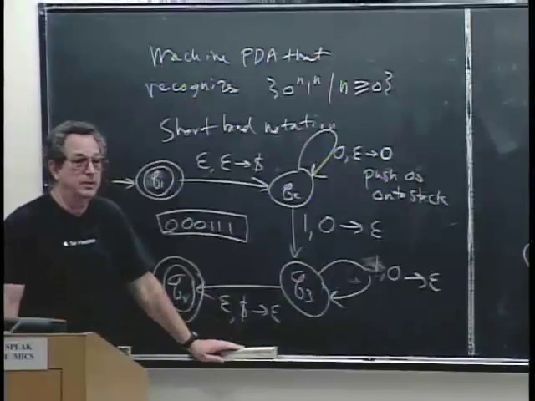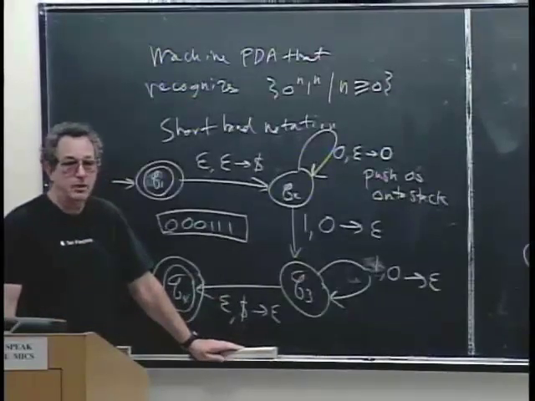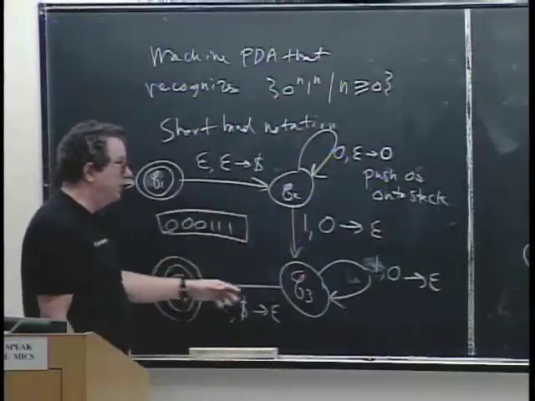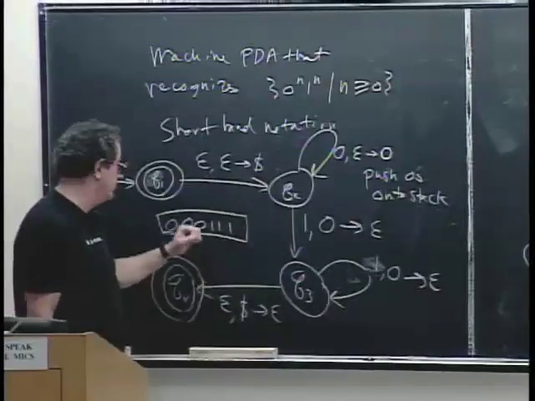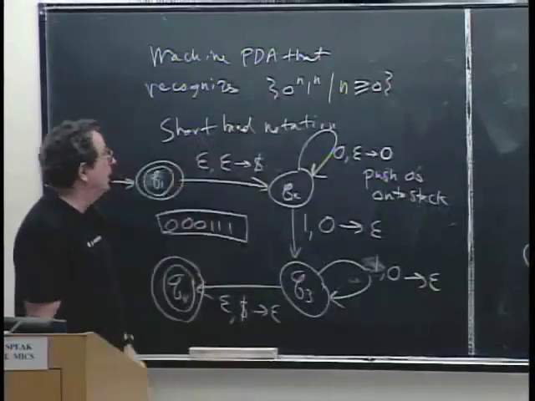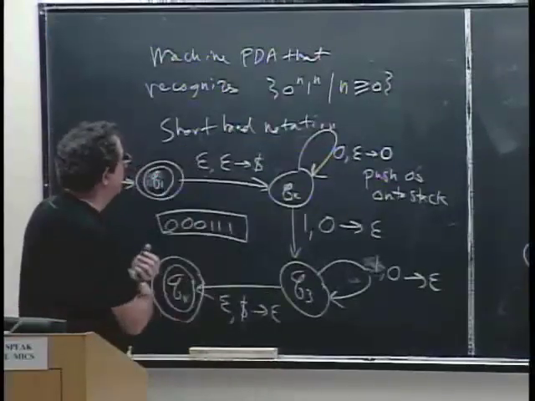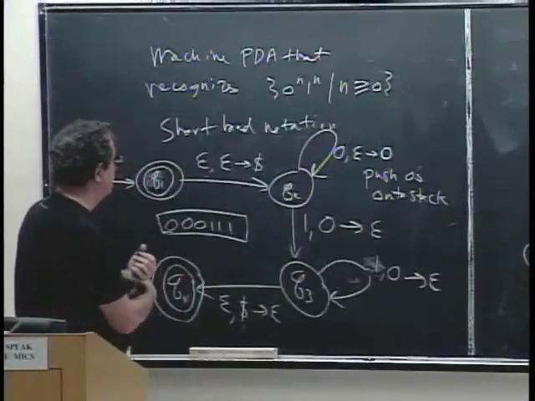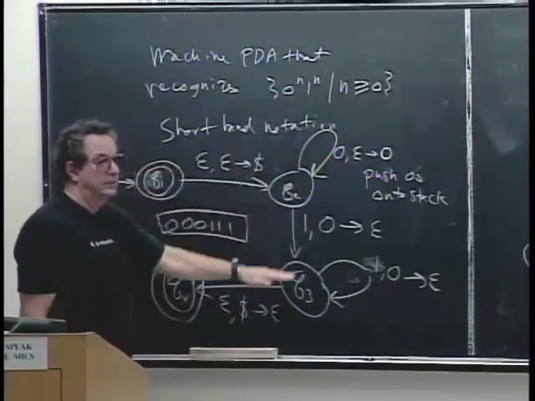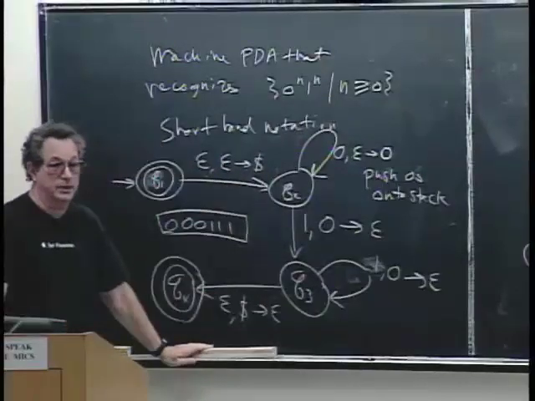But in an NFA, in a non-deterministic computation, all that's required is that at least one of the computations on that input accepts it. And that's what I'm arguing, that there would be a computation that accepts a string of this form. Now we have to try to convince ourselves that if the string was not of that form, then there's no computation in here that will end up accepting that string.